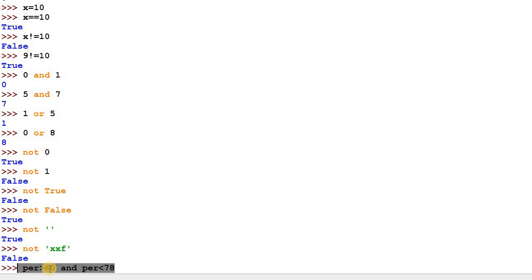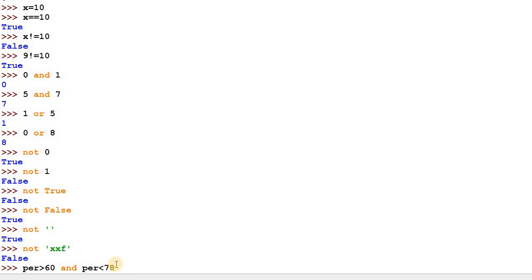If the value exists in this range, suppose the value is 65, the first condition is true and the second is also true, because 65 is more than 60 and 65 is less than 78. So when we want to compare a value existing in a specific range, we can use the logical AND operator.